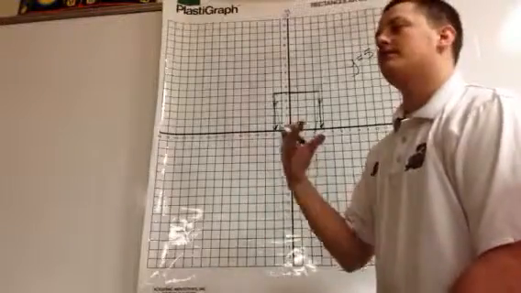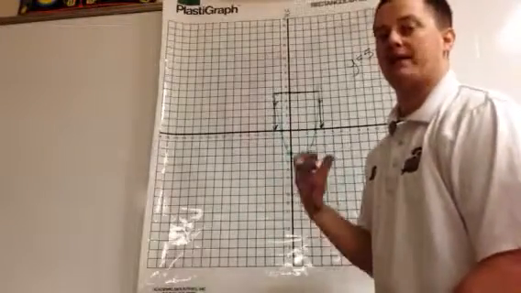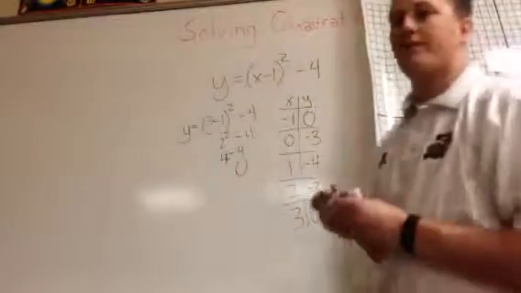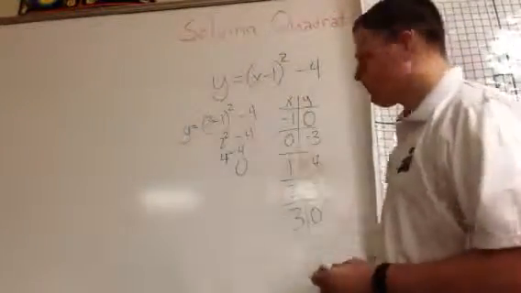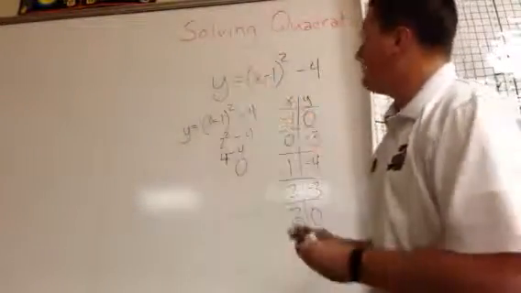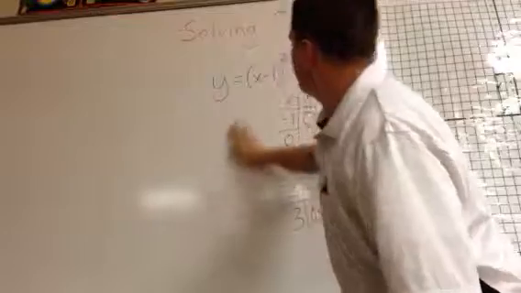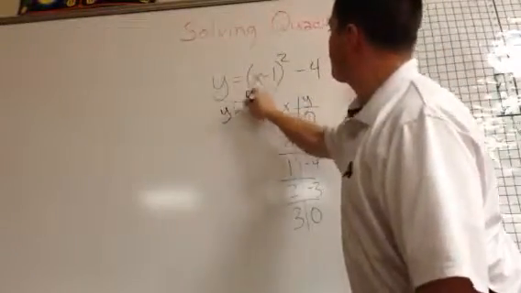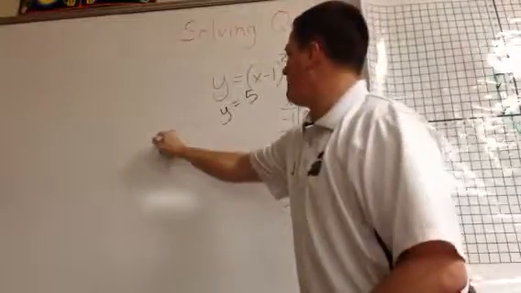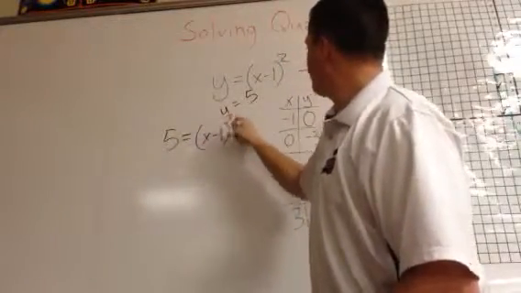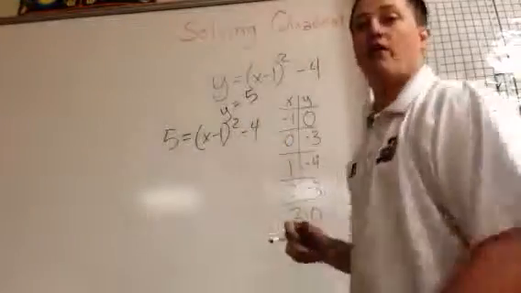Instead, let's now look at how we would mathematically solve. We would take this same equation and we would work from y being 5. We would substitute 5 in for y, and we would solve the equation.